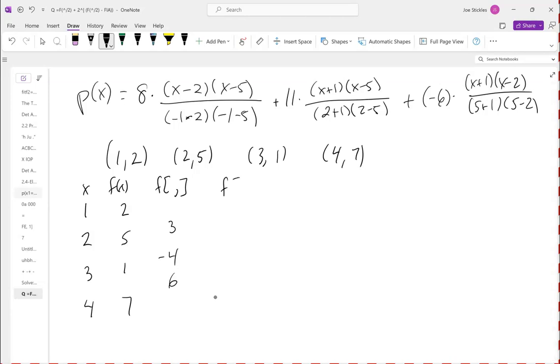We do the same thing for the next one. Negative 4 minus 3 over what? Yeah, the 3 minus the 1, right? The farther one's away. So you get, what is that, negative 7 halves. 6 minus negative 4 over what? 4 minus the 2. So we get 5.